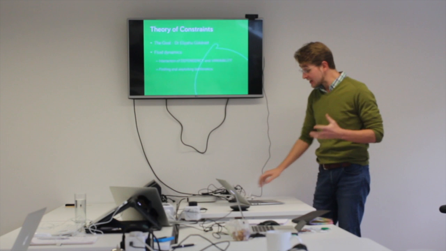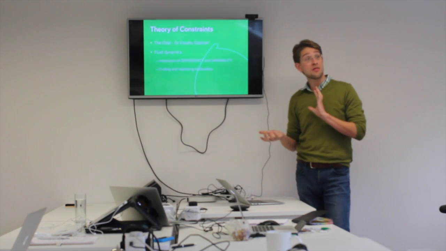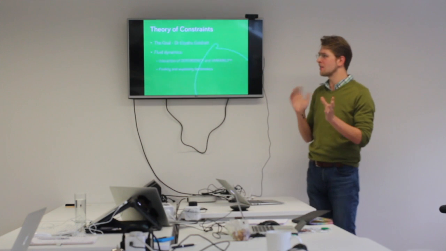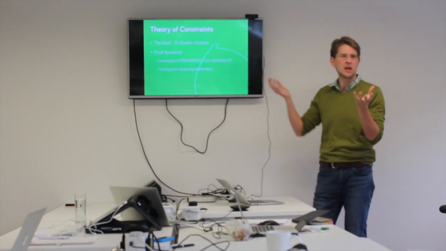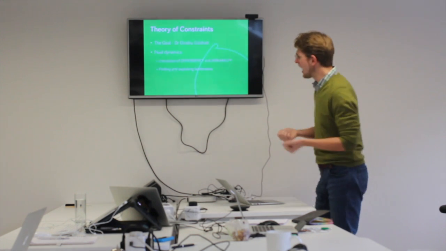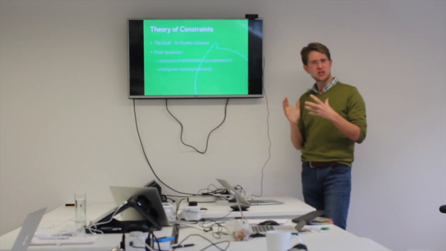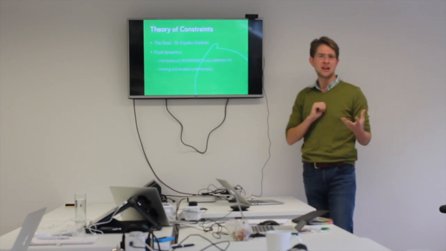So today in particular, I'm talking about the theory of constraints. This is a theory that is introduced in, it's kind of a novel called The Goal. It's like a textbook in the form of a novel by this guy, Eliyahu Goldratt. And it's basically an application of fluid dynamics, right?